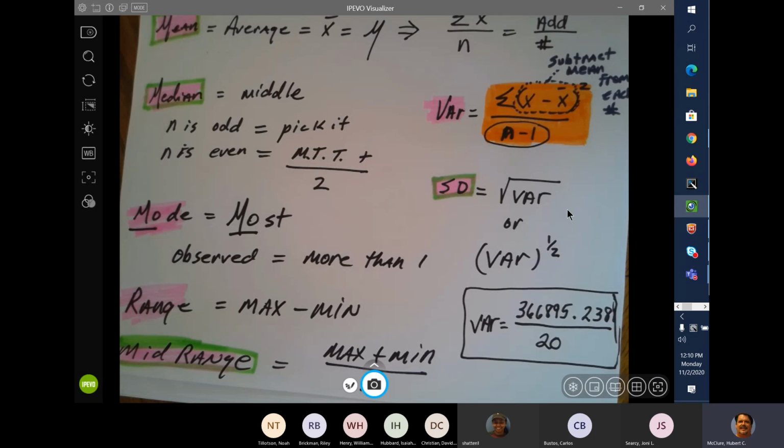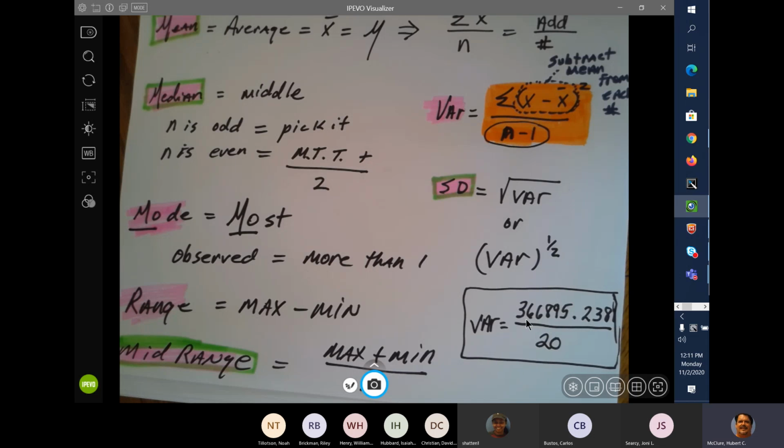What do you do to the variance to get the standard deviation? Square root of the variance. Take the square root of the variance or raise it to the 1/2 power. Same thing. I'm going to use the 1/2 power because it's easier in the calculator than trying to find the square root symbol.